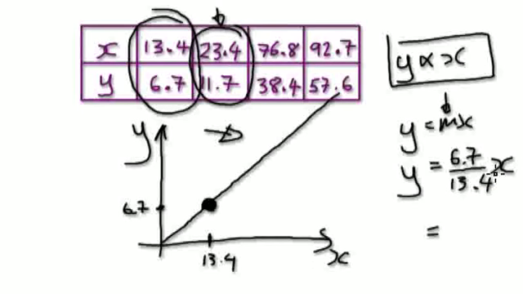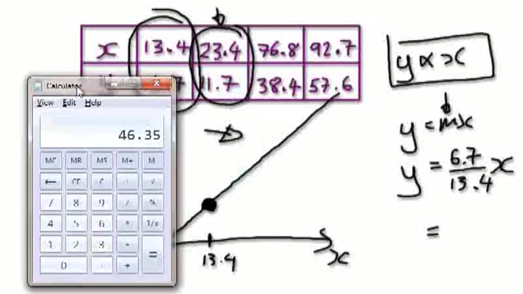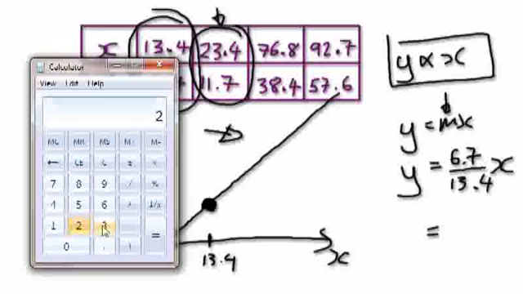Hang on, calculator. It will be 23.4 times 6.7, and then divided by 13.4. Now, if it truly lies on this line, then our y value should be 11.7.